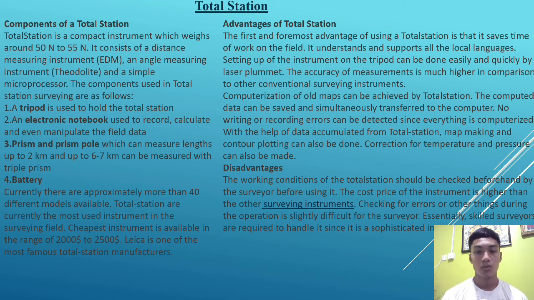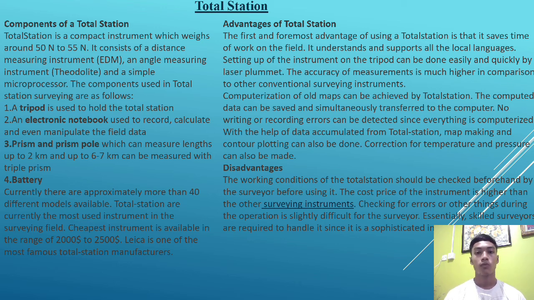The advantages of total station. The first and foremost advantage of using a total station is that it saves time of work on the field. It understands and supports all the local languages.